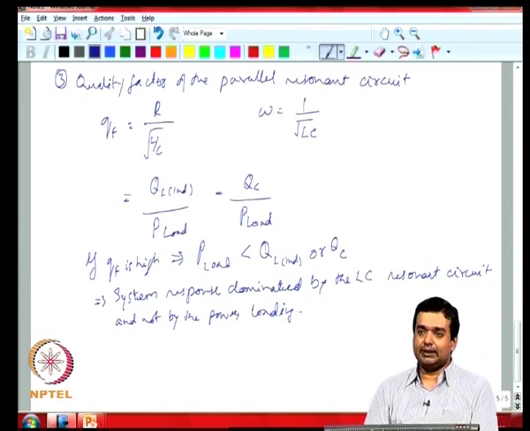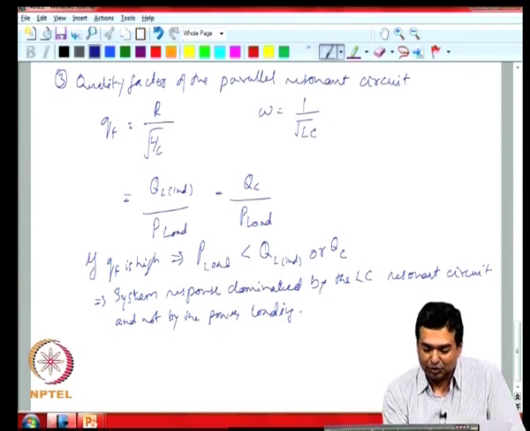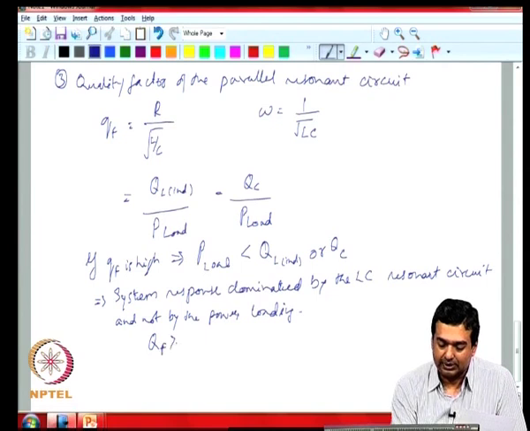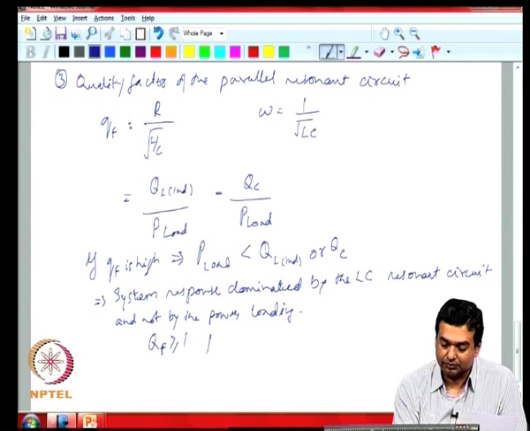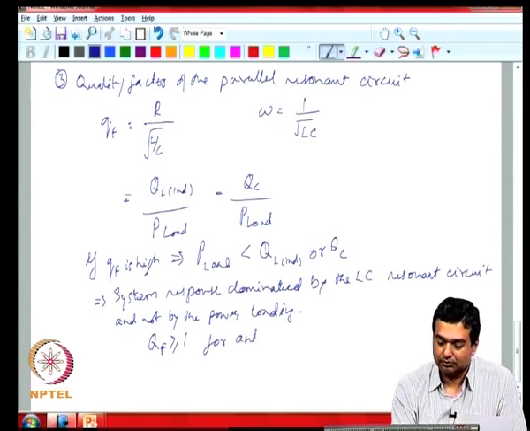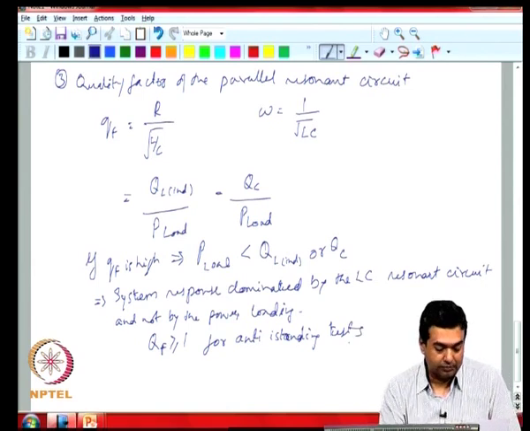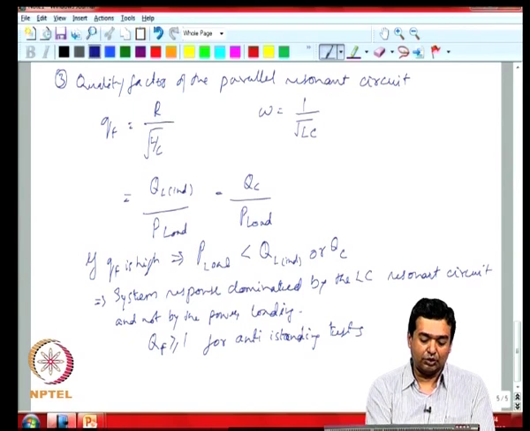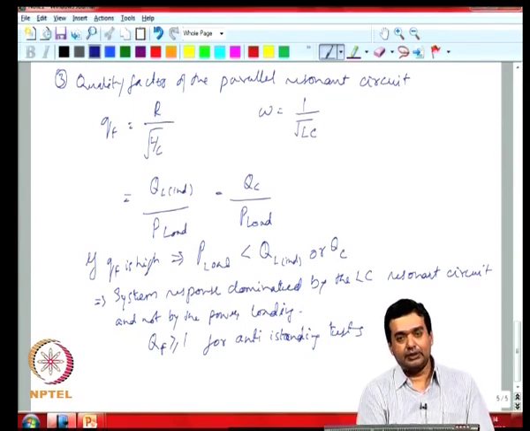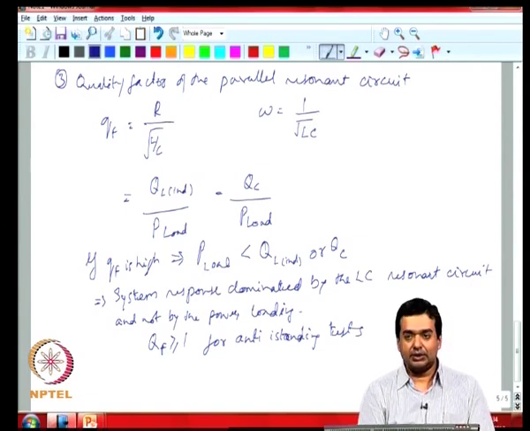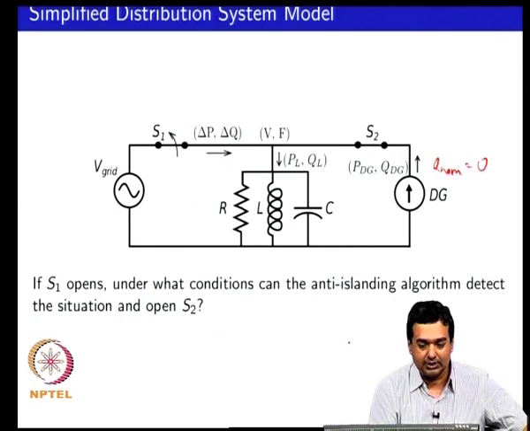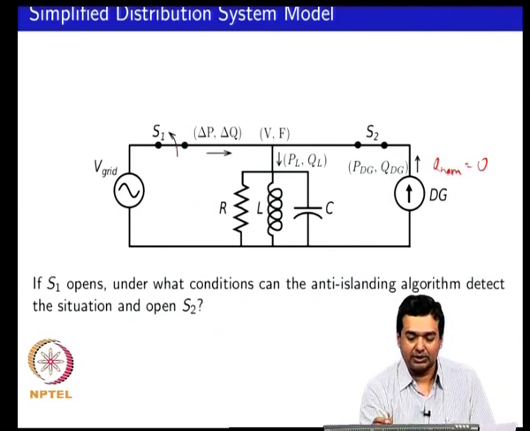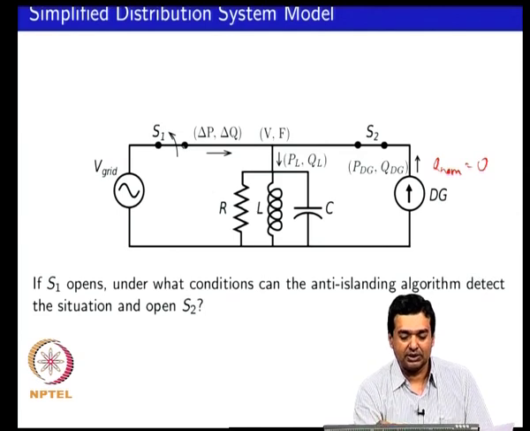So, for the anti-islanding test, what we will look at is a situation where QF is greater than or equal to 1, and essentially what you are looking at is, in the ideal condition, if you are opening the switch and your delta P and delta Q are close to 0, after opening the switch there is almost no delta P and delta Q. It means that the current flowing through the switch is 0, and opening the switch will not cause any disturbance.